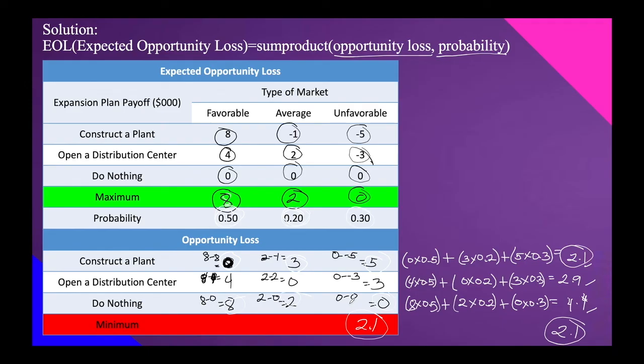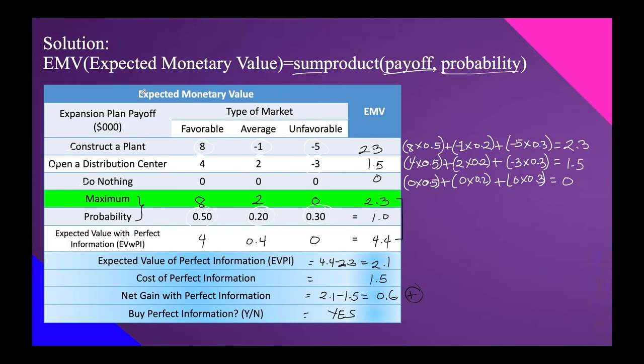So, minimum expected loss is 2.1, or since these are all in $1,000, meaning $2,100 yung kanilang expected opportunity loss. And if you will check sa ating previous na tableau, 2.1 is just the same. Yung EOL na 2.1 is just the same with EVPI na na-compute natin. So, meaning we are correct.